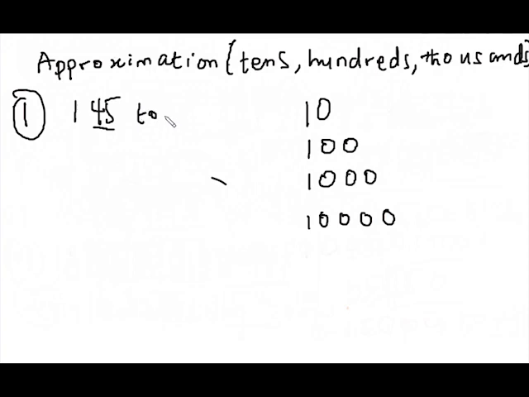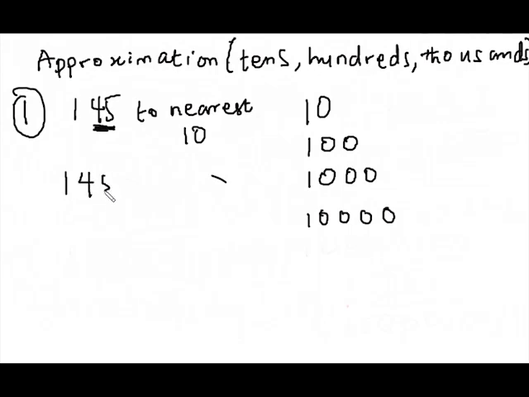Say we had to do this approximation to the nearest 10. So you start counting from the right, and this is the first two numbers. So we are looking at these two numbers for approximation in this case. Now we know that 1, 4, 5.